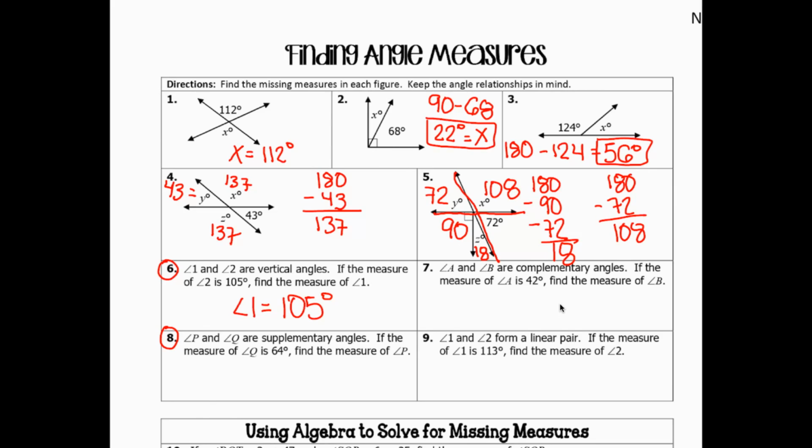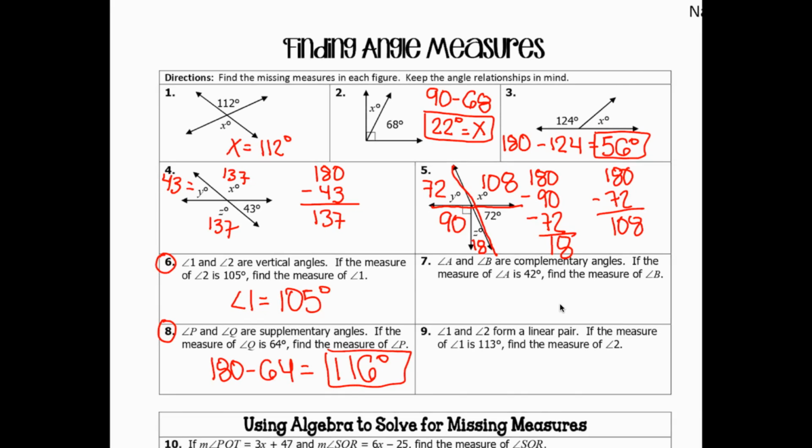Angle P and Q are supplementary, so that means they add up to 180. If the measure of angle Q is 64, find the measure of angle P. So we'd have to go 180 minus 64, which is 116. Okay, so you can try 7 and 9 on your own and then check your answers in the key on Classroom.